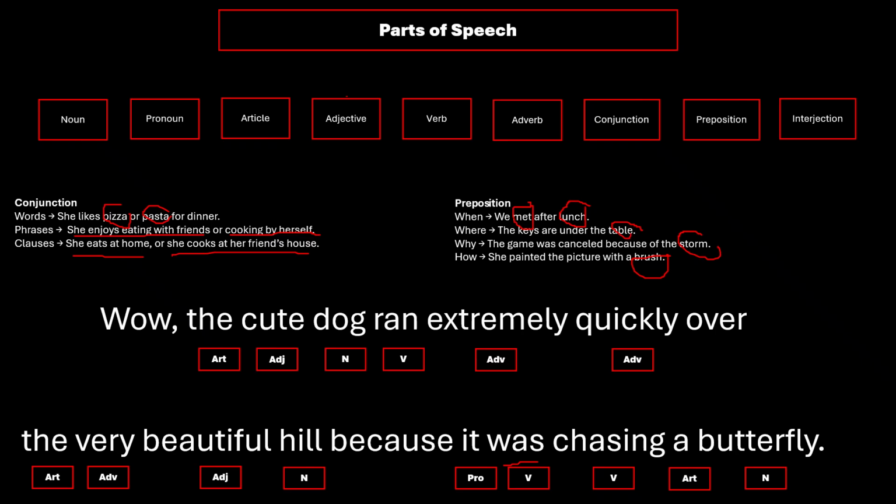So what you need to remember is conjunction is more connecting two words, more phrases and clauses with equal importance, and preposition relates a pronoun and a noun to another word, indicating when, where, how, or why.